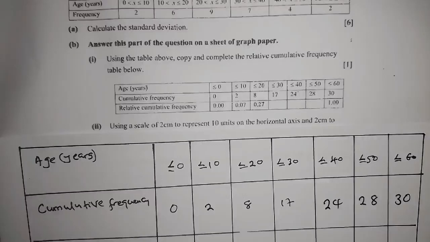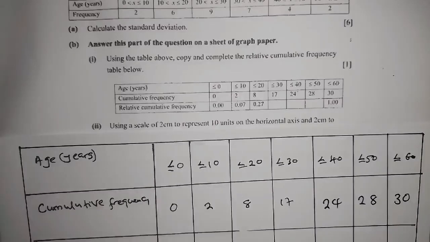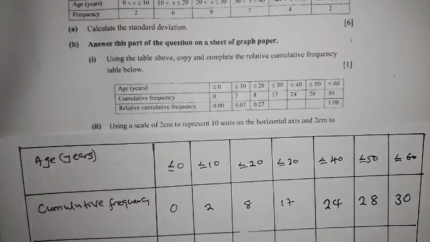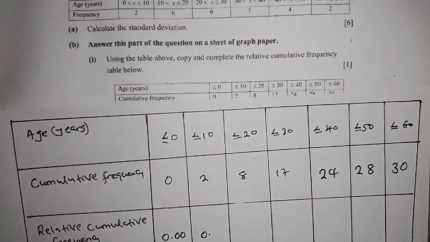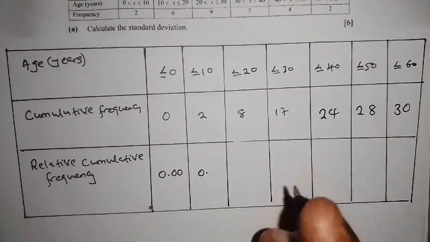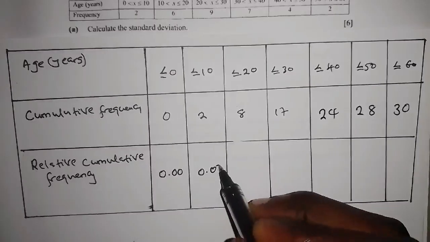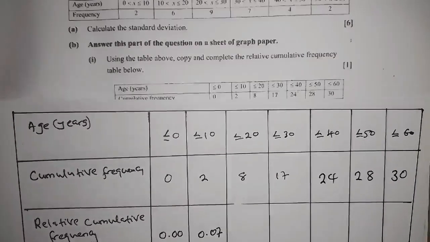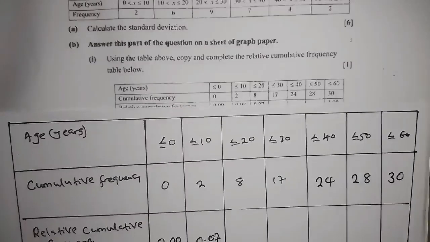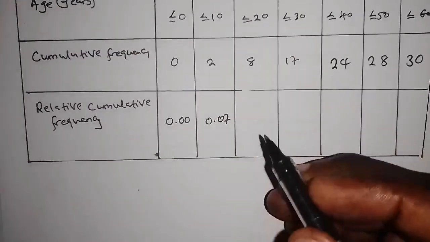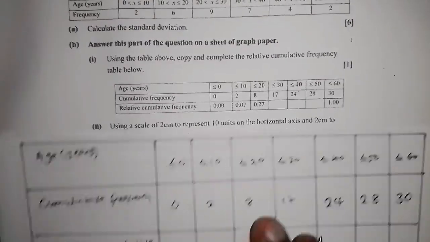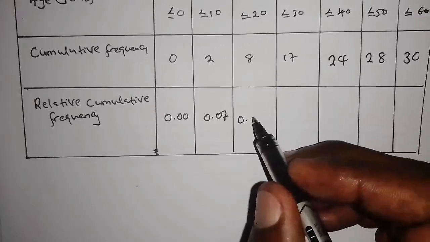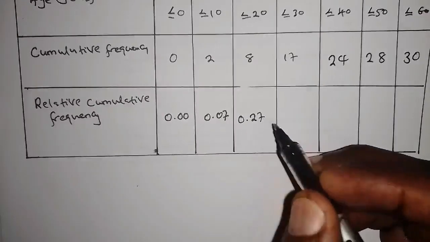So from 0.00, you then have 0.07. So this one. Then you also have, followed by, 0.27.